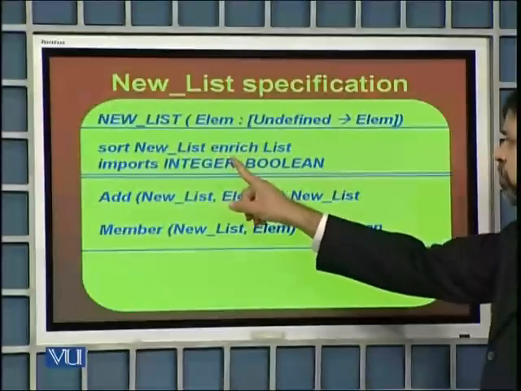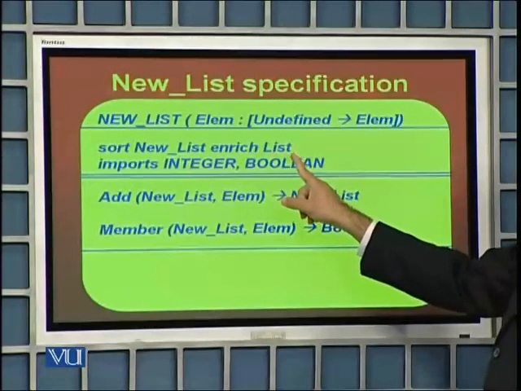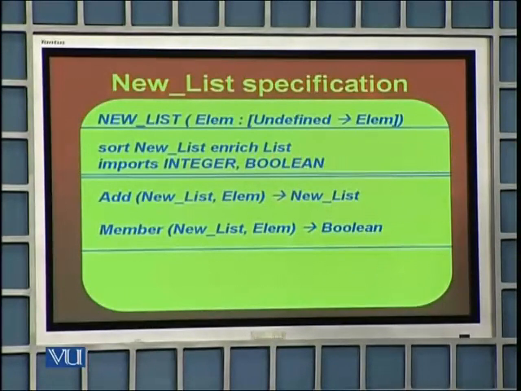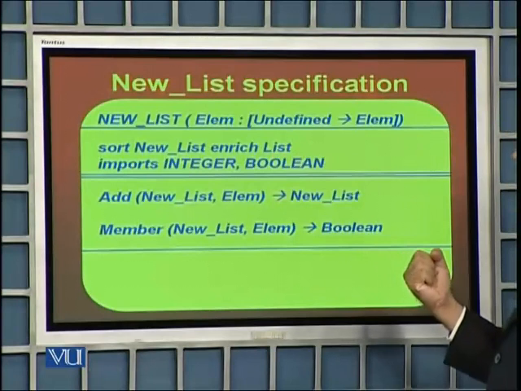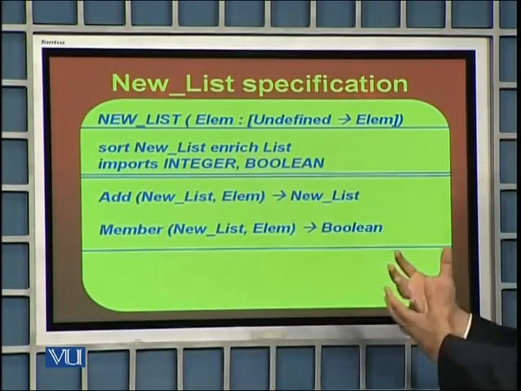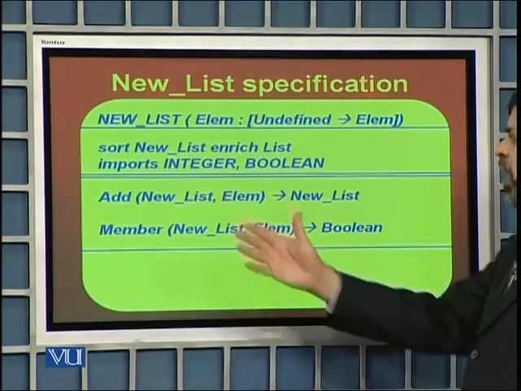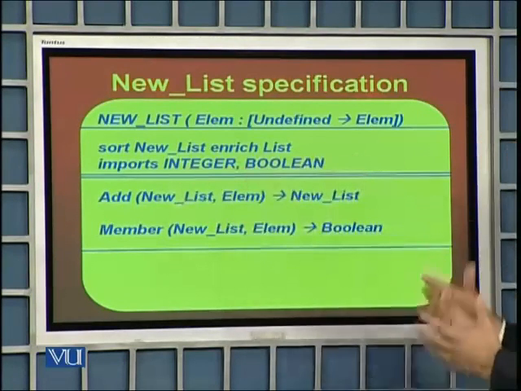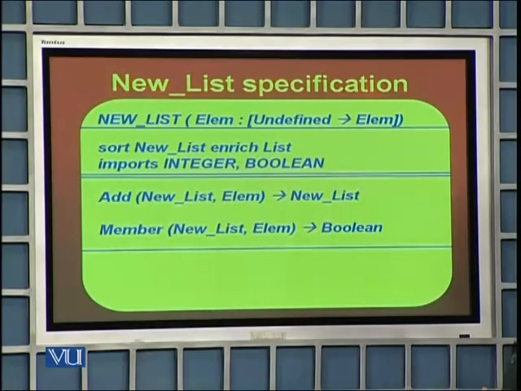This is the keyword, enrich list. It is saying that it is taking everything from the list and it is going to build on top of that. And it imports integers and Boolean, just like before.